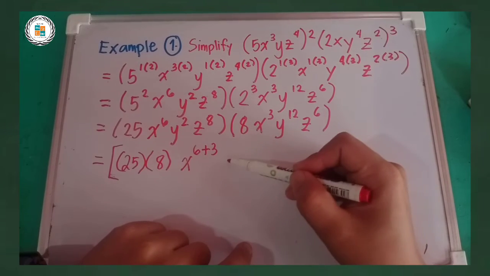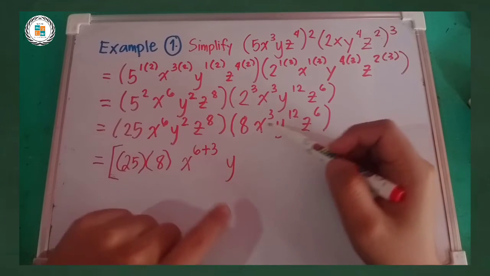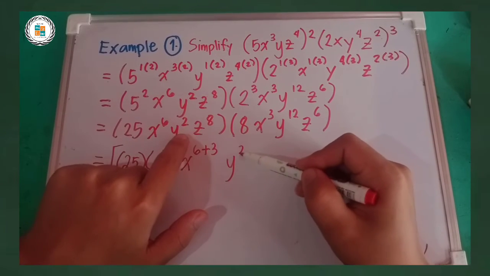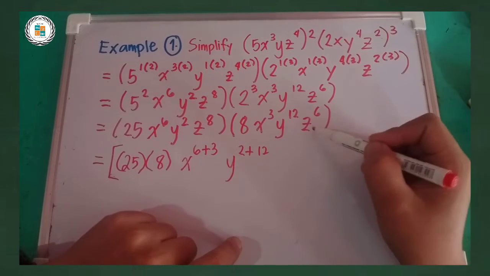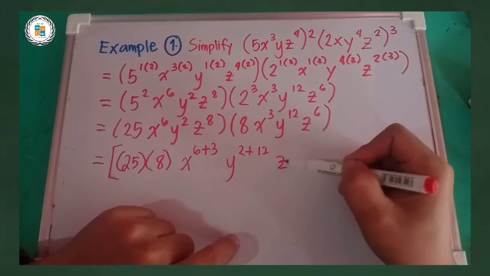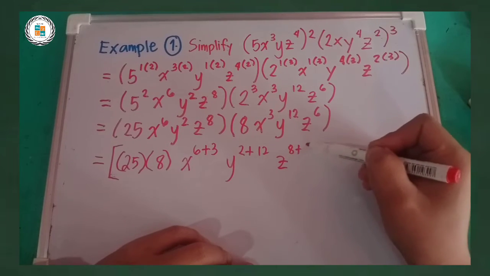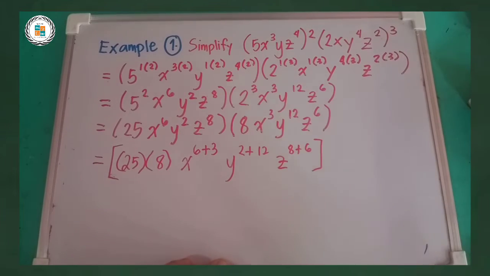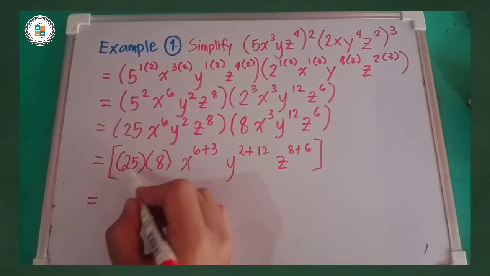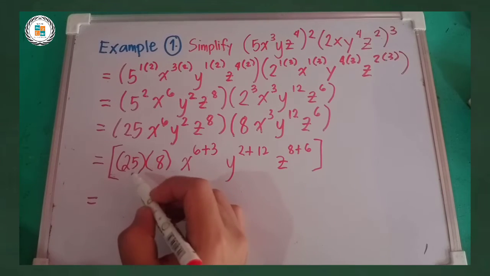Then y. For y, copy the common base, then add their exponents. We have 2 plus 12. And lastly, we have z. Their exponents we add, 8 plus 6. Okay. So after this, we can simplify. 25 times 8 is equal to 200.